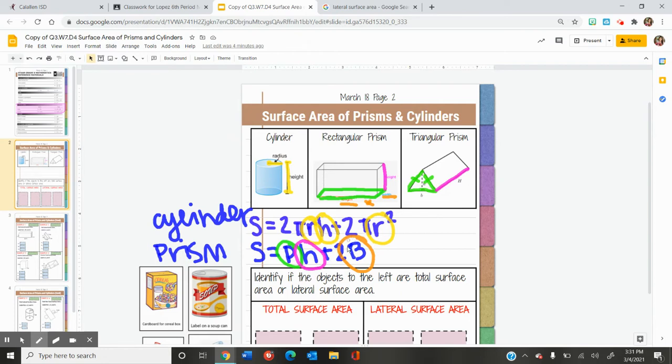And then you're going to add 2 times the area of your base. In this triangle, the area of your base would be 1/2 times base times height. So you would take the length of your base times the height of your triangle. That's just a bit of the characteristics of the shapes we're going to be finding the surface area of.